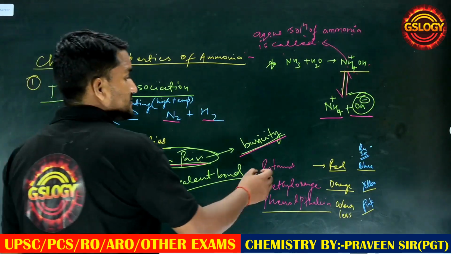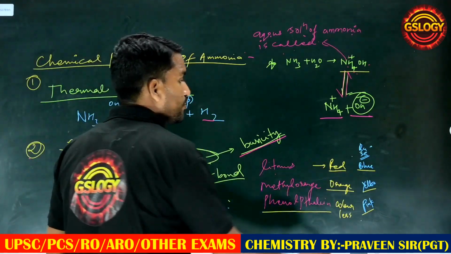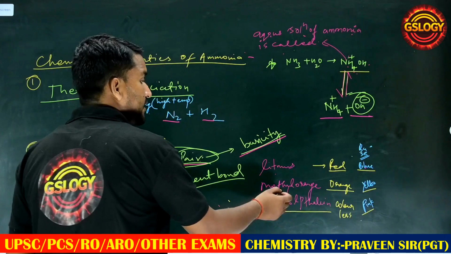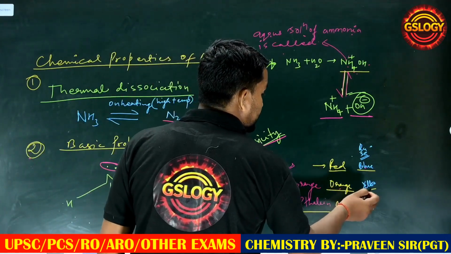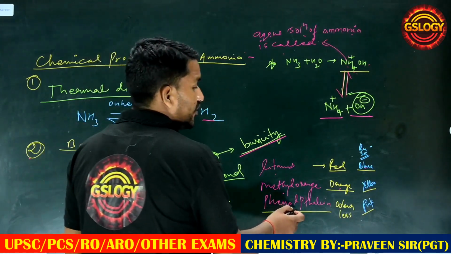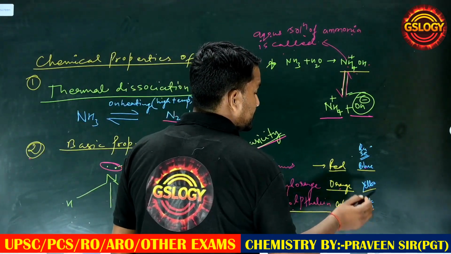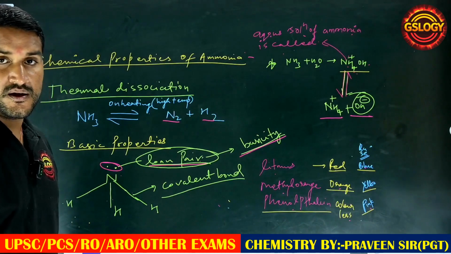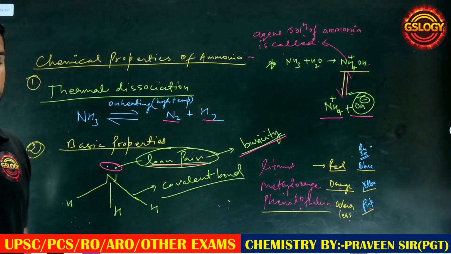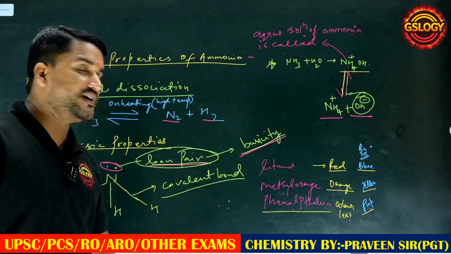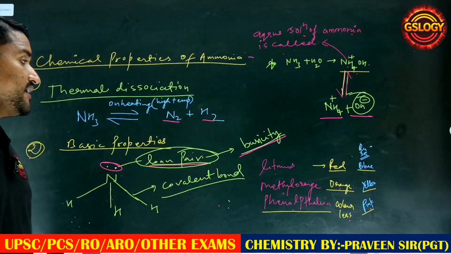So red litmus is converted into blue, methyl orange is converted from orange into yellow, and phenolphthalein is converted from colorless into pink. So ammonia gas changes the color of different indicators.